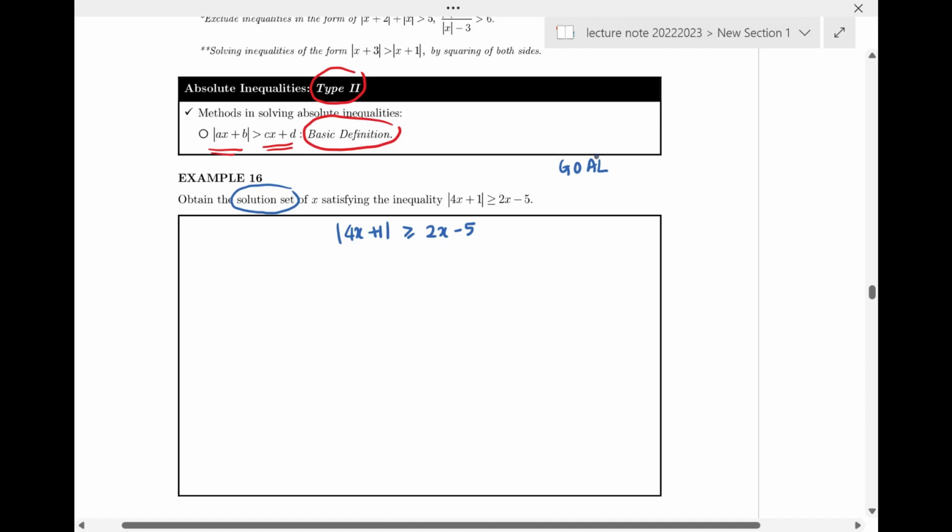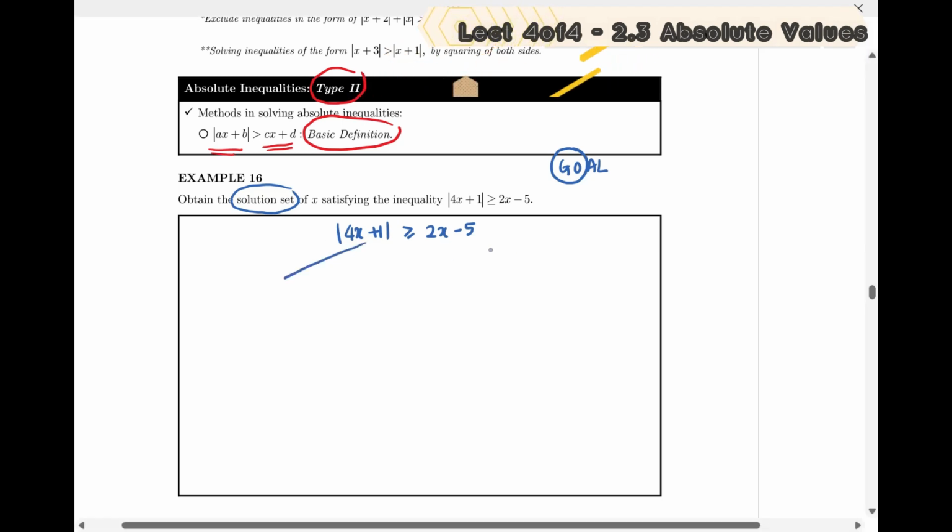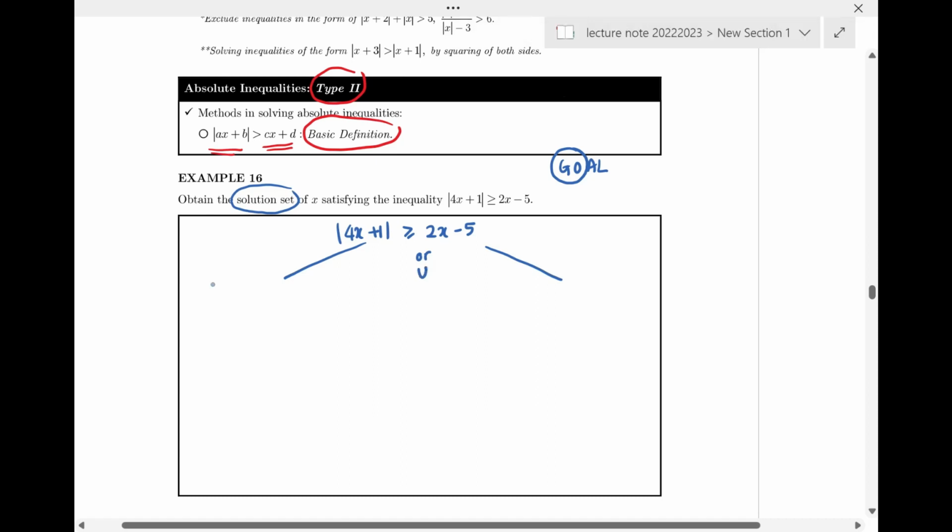Greater than is "or", so we separate these two and put "or", or union, in between. The first one will be the positive one, 4x plus 1 greater than or equal to 2x minus 5. And the other one is the negative one, negative of 4x plus 1 greater than or equal to 2x minus 5.